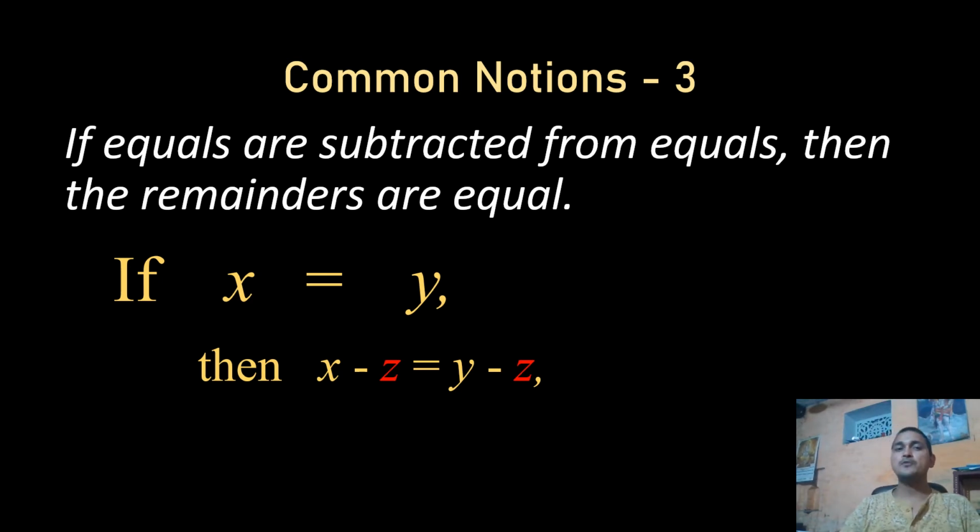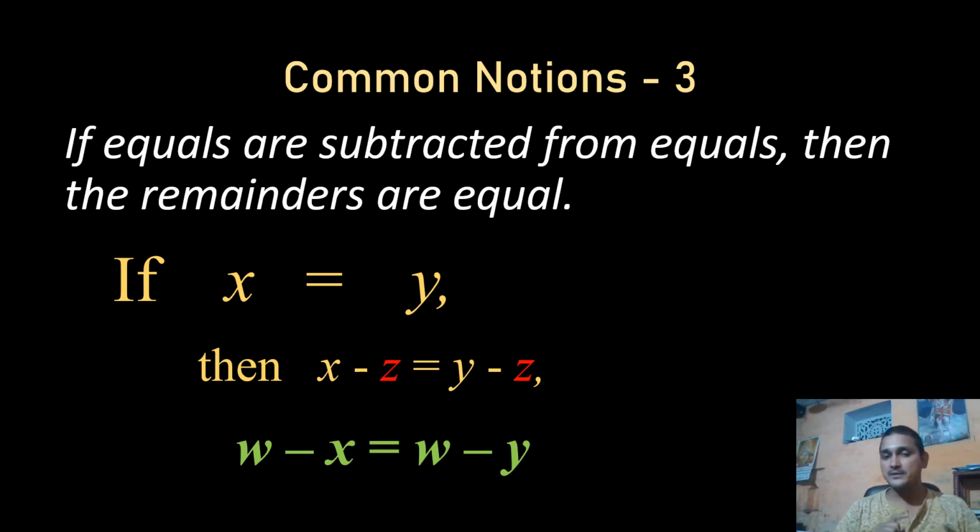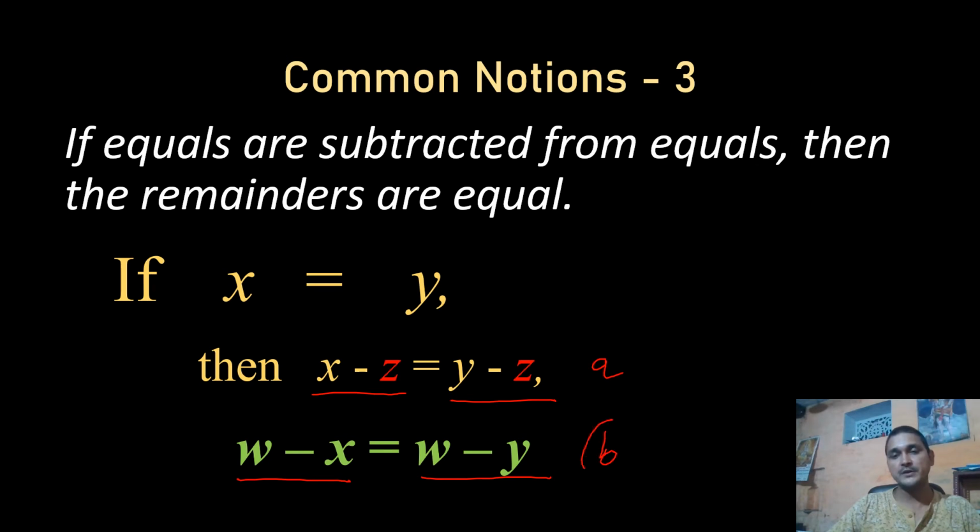The same common notion can be expressed as: if w is another quantity, then I can subtract x and y from w, and the remainders will both be equal. So these are two different parts of the common notion: this is the first part, and this is the second part.